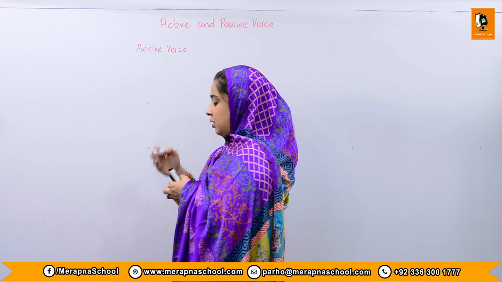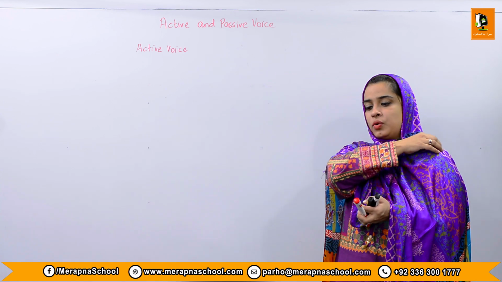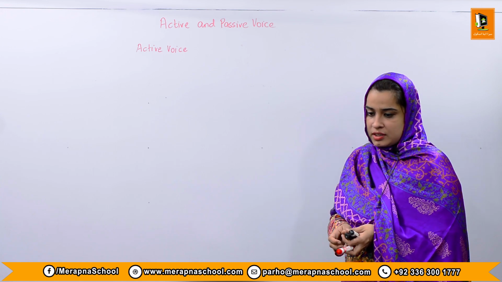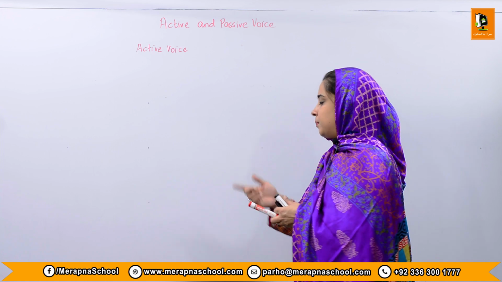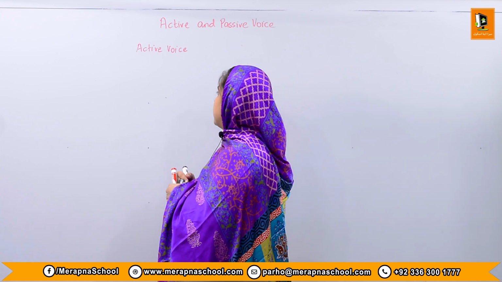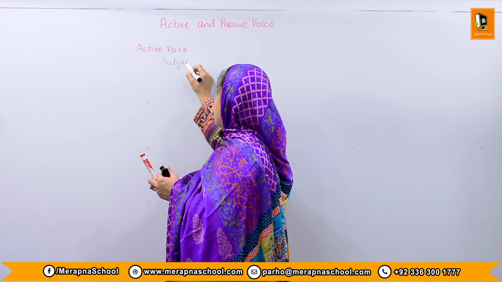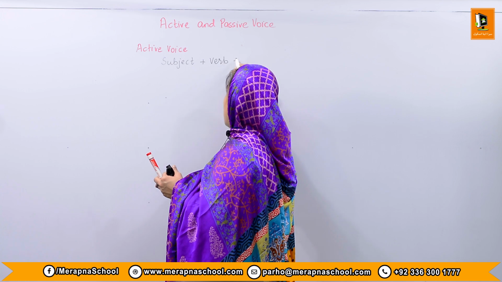Let's look up the definition of these terms and figure out the structure, how active voice sentences are formed. Active voice sentences means the sentence has a subject that acts upon its verb. The important aspect in active voice is its subject, then comes the verb, and then comes the object.